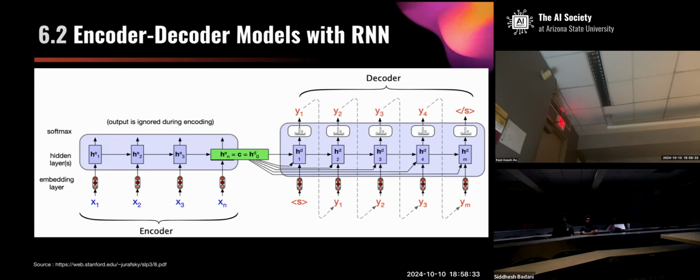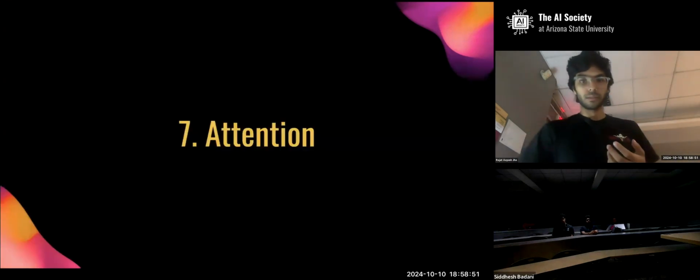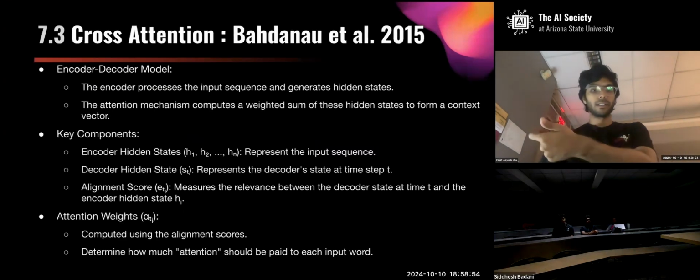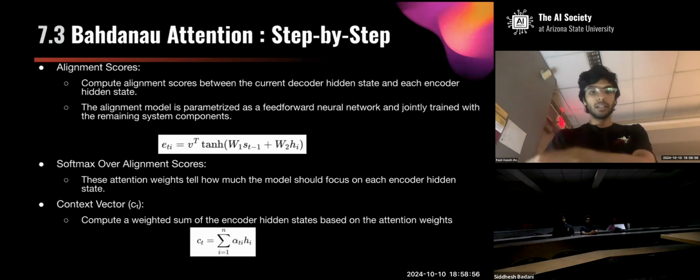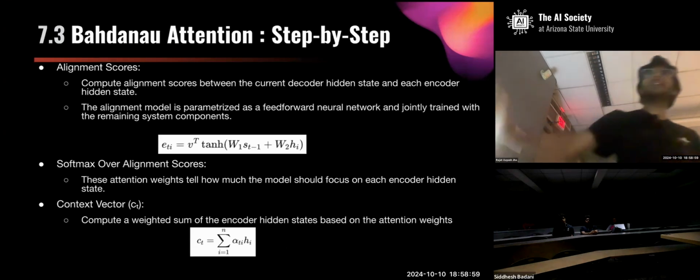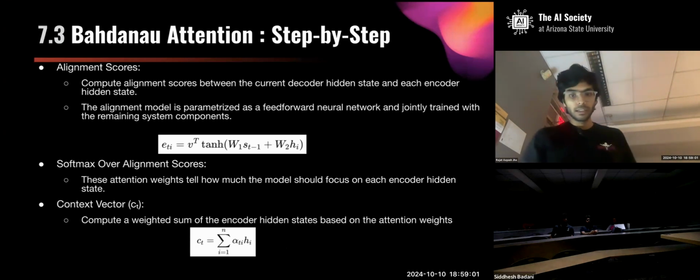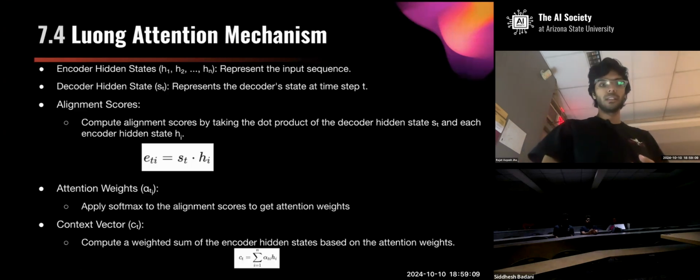For example, 0.7 into x2 plus 0.2 into x3. The model will know that since x2 is multiplied by higher attention, it has to focus more on x2 for that particular hidden state. That is the idea of cross attention. And as you can see in the last equation, you take the summation of all the attention weights and the encoder hidden states. That's why it's also known as additive attention.